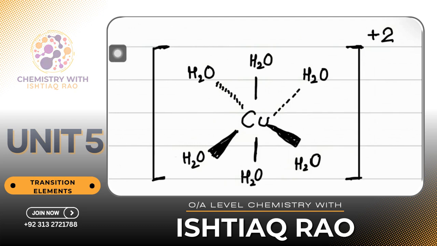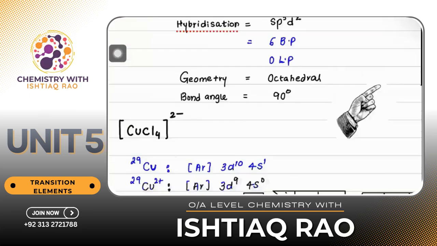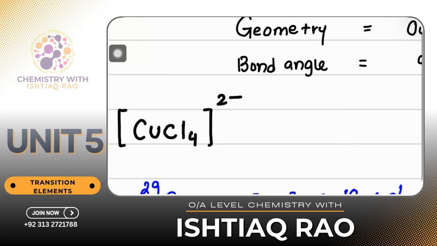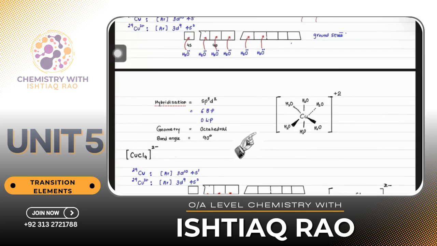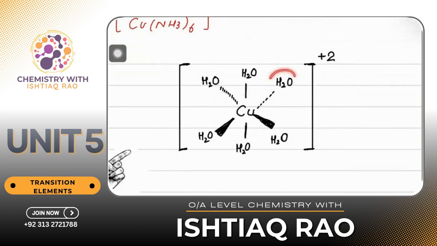Okay, number one thing. Another thing is, what if I have this complex, such as Cu(NH3)6, again with the charge 2 plus? What you have to do is replace water by ammonia, and that's it.